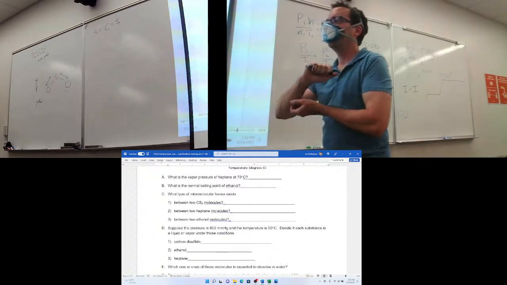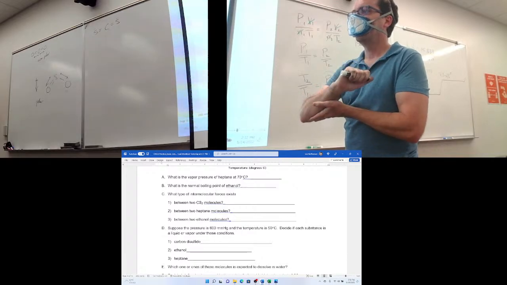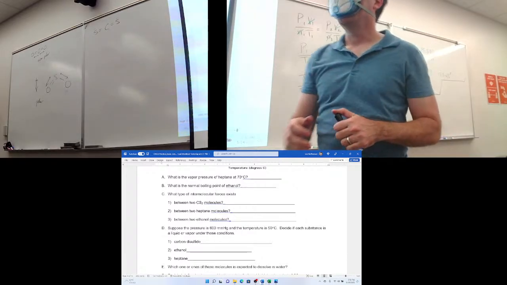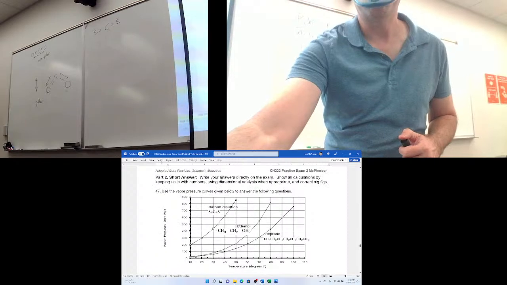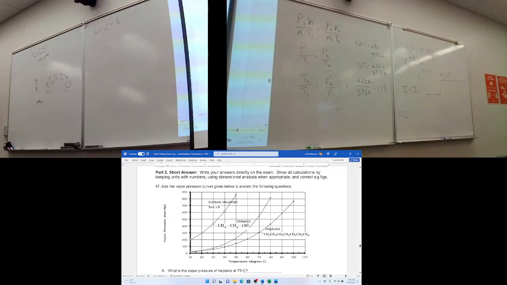And the normal boiling point is at 1 atmosphere, so 760 millimeters of mercury. It's right around here. The normal boiling point of carbon disulfide would be around 46, 47 degrees.